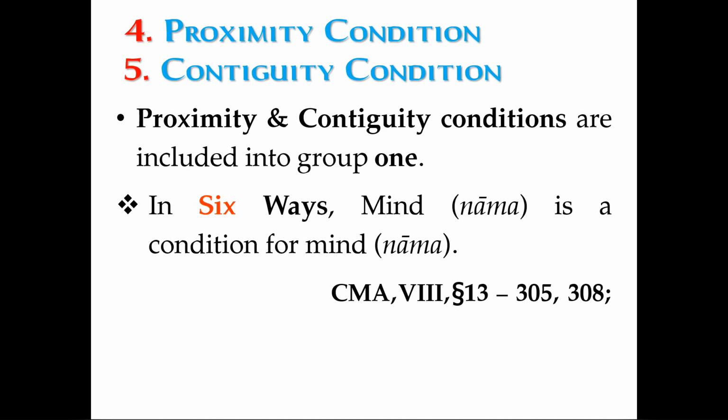Bhante, I'm just wondering, for the practice of the Dhamma, is it enough to know the Four Noble Truths and in particular dependent origination, rather than to be an expert in the 24 conditions?